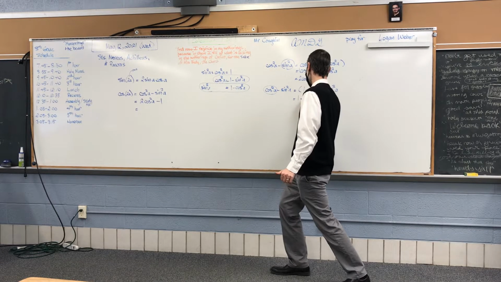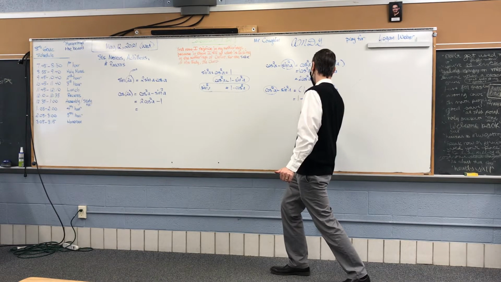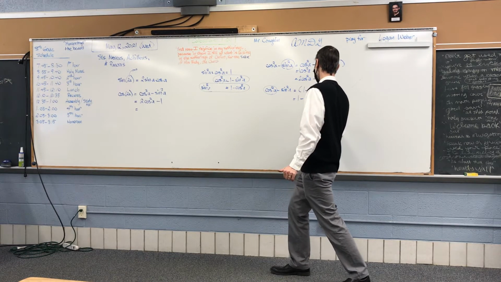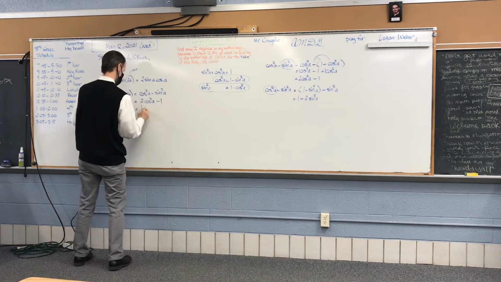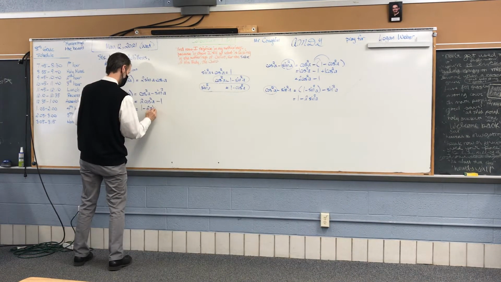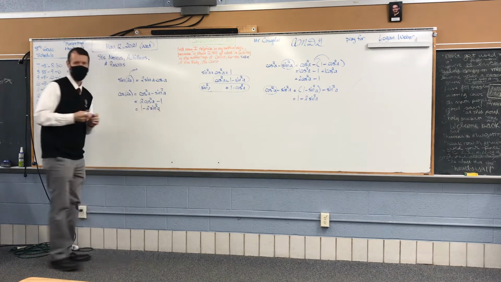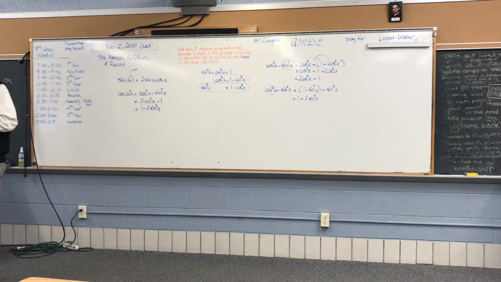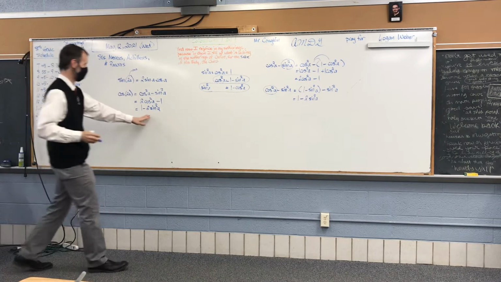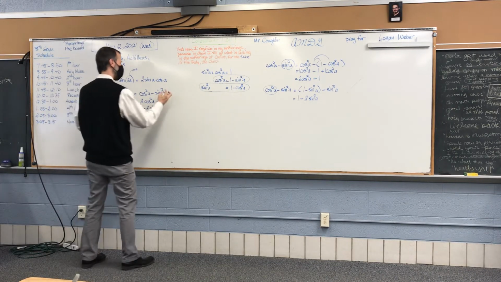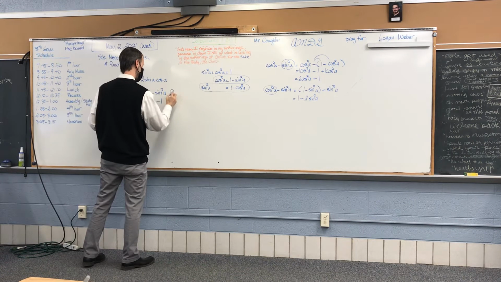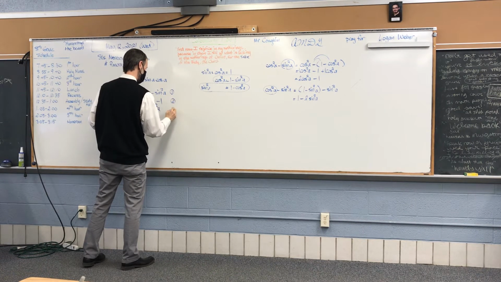This is 1 minus 2 sine squared of a. There's the third formula that I did not give you yesterday, so you want to write that down at least. Here are the 3 formulas we need for cosine of 2a. This is the most common one, and these are the 2 variations.